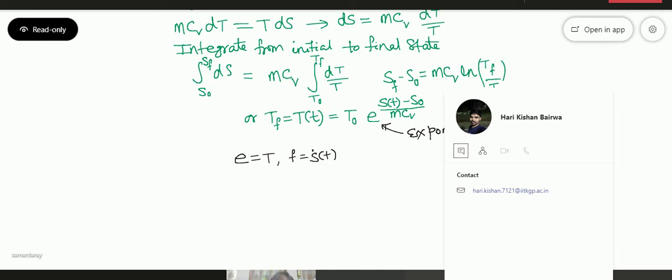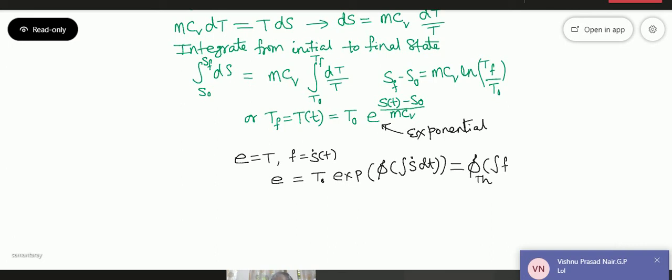So we have effort equal to T naught times exponential of some function phi of the integral of S dot dt, which whole thing can be written as some nonlinear thermodynamic function of the integral of f dt.